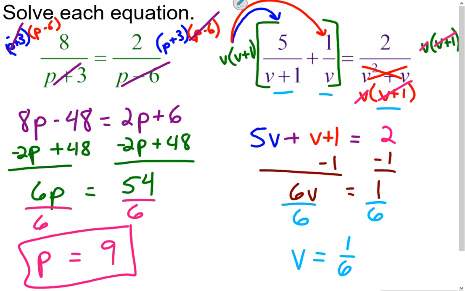So if I put 1/6 into this first one, 1/6 plus 1 is not 0, so that's good. Well, we'd have v is 1/6, that's not 0. And if I put it here, I would end up with 1/6 times, what, 1 and 1/6? That's not going to multiply to be 0. Therefore, yes, this is the solution to that rational equation.